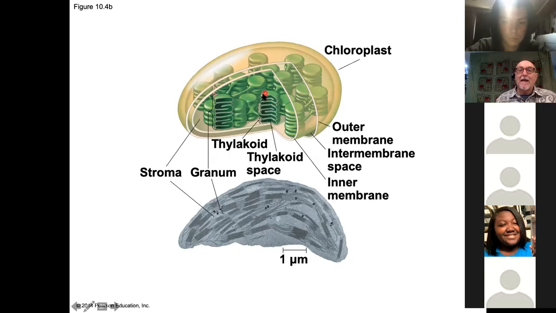And look where the coloration is. You'll see that it's actually this membrane here that is colored green. That is because there is masses of chlorophyll actually embedded in that membrane. And again, think back.